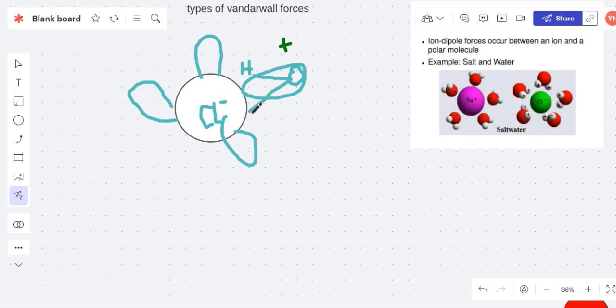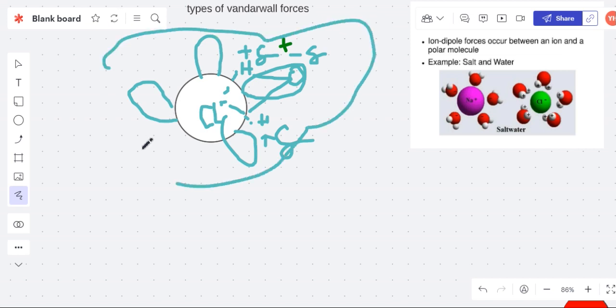Let's deal with one, and it's the same for all the molecules, right? So this chlorine attracts the hydrogen toward itself, due to which hydrogen gets a partial positive charge, and oxygen gets a partial negative charge.